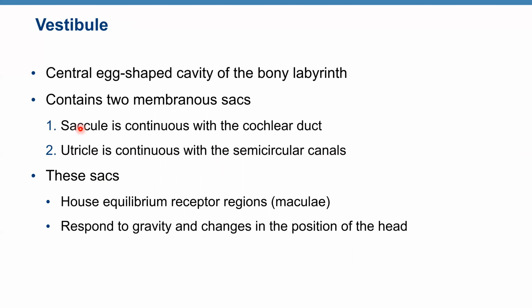And these sacs, saccule and utricle, house the sensory part, the equilibrium receptors called maculae, and they respond to gravity. So that's how you know you're moving up and down, but we call it linear motion. When you move forward and backwards, that's also a function of your vestibule.